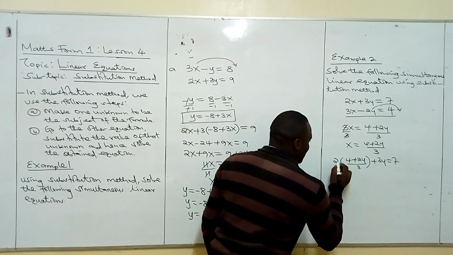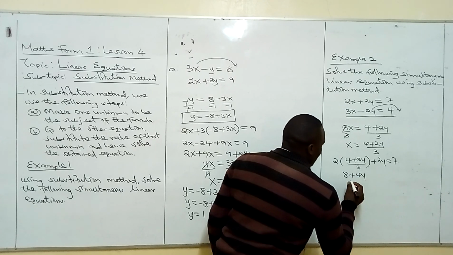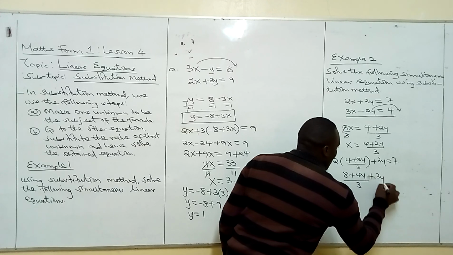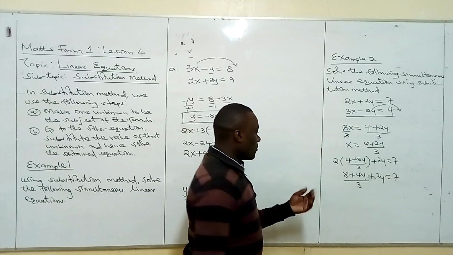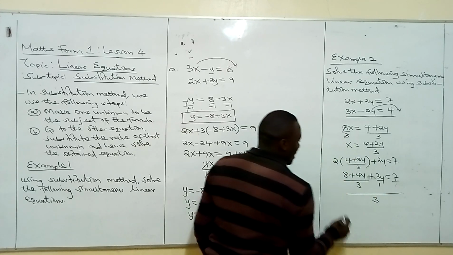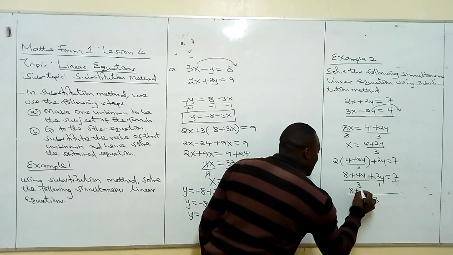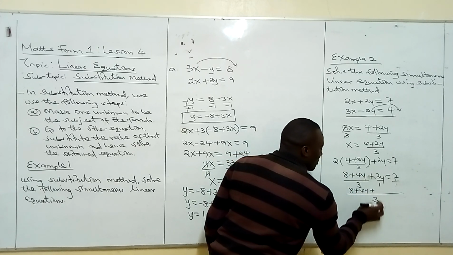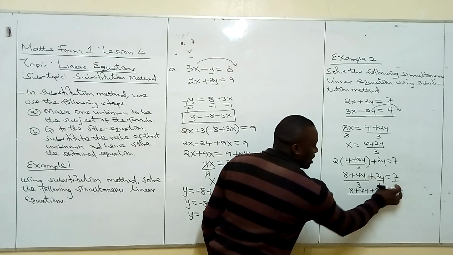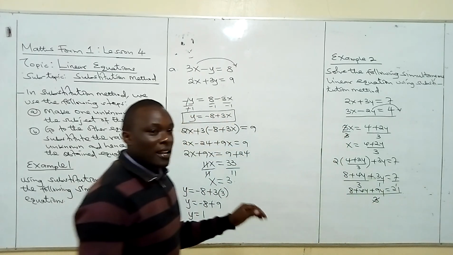We open the brackets. 2 times 4 is 8. 2 times 2y is 4y. That is over 3, plus 3y is equal to 7. We now find the LCM. Over 1, 3 goes to 3 ones, 1 times what we have in the numerator remains the same, 1 goes to 3 times 3y is 9y, 1 goes to 3 times 7 is 21.